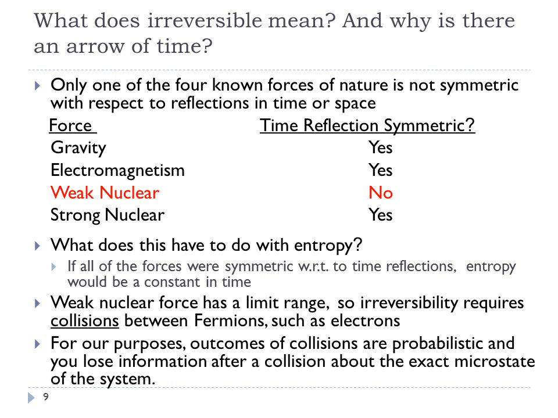What I want to point out here is that in physics there are four known forces of nature. It turns out only one of the four forces of nature is not time reflection symmetric. The gravitational force, the electromagnetic force, and the strong nuclear force are all time reflection symmetric, which means that if you're just looking at a picture, there is no way to tell whether something was going forward or backwards in time.